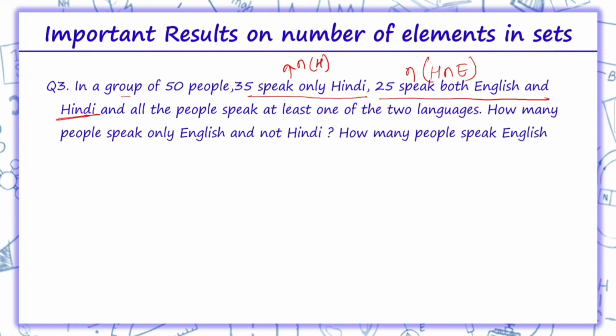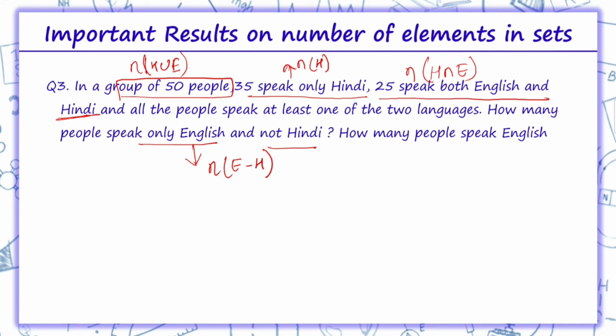This is in a group of 50 people, this is n(H union E). Hindi and English, two languages are there, and all the people speak at least one of the two languages. How many people speak only English, not Hindi?